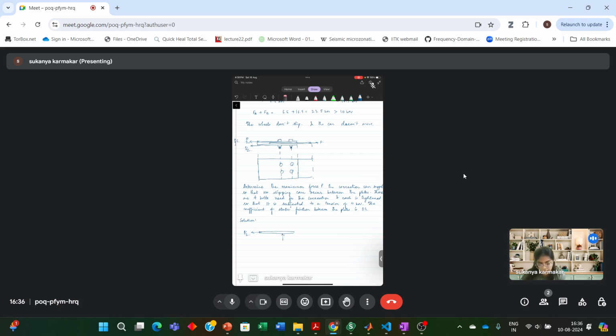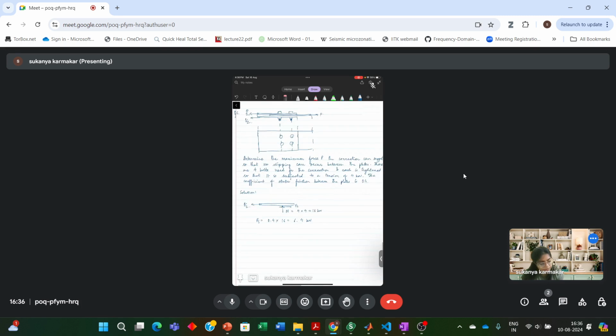Say I'm drawing the resultant. What is the value of total normal reaction? 4 bolts into 4 kilonewton is equal to 16 kilonewton. So the value of the friction force will be the coefficient of static friction 0.4 into 16, which is 6.4 kilonewton.